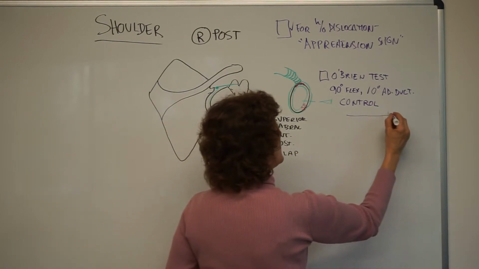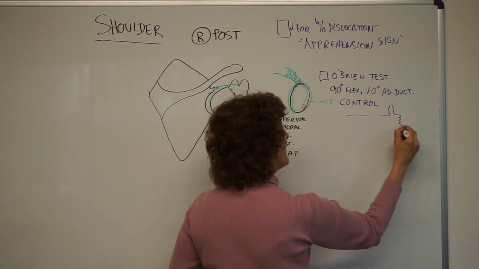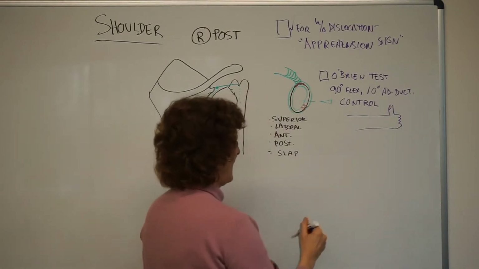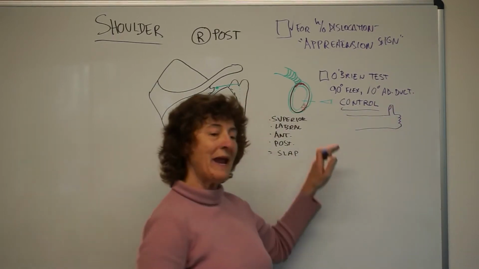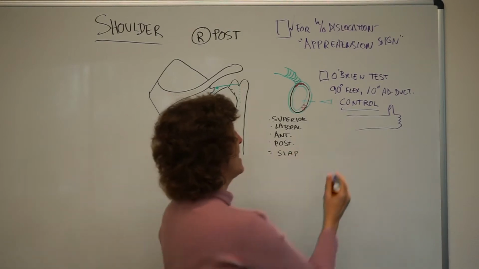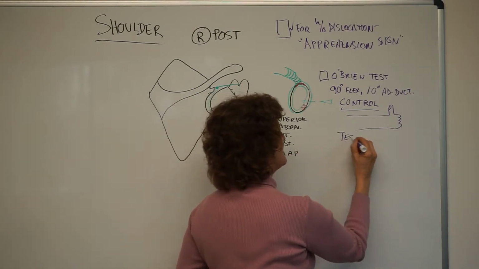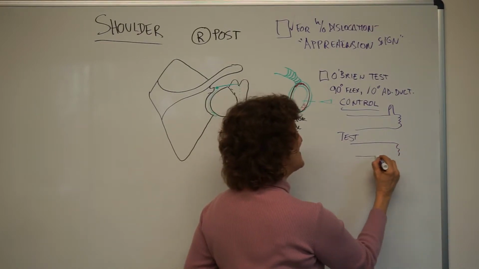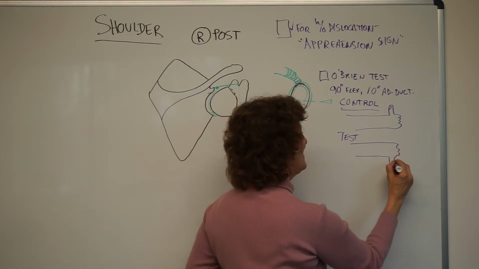The control, we're going to have the thumb up. If there's no pain when you do the control, then you can go on to the test, which is to internally rotate or have the thumb down.